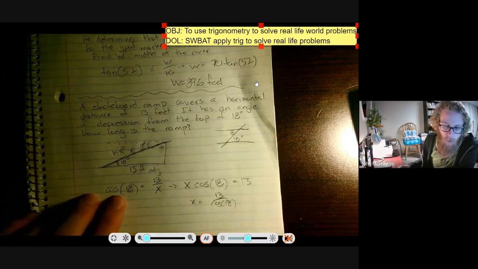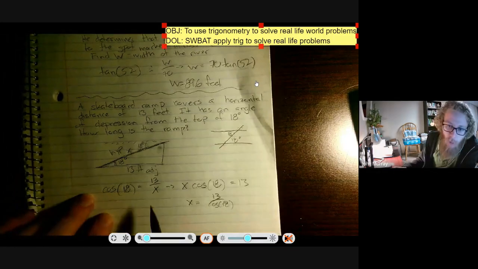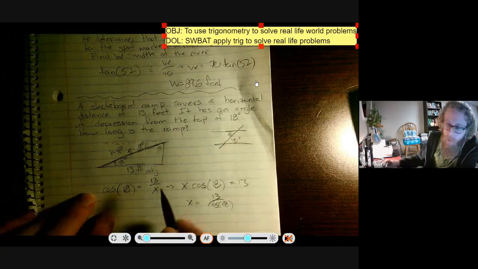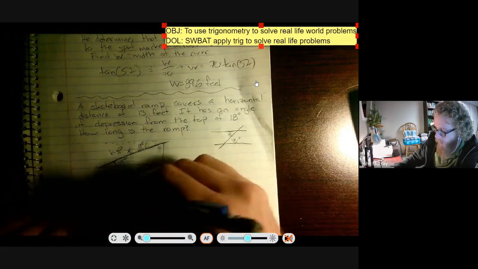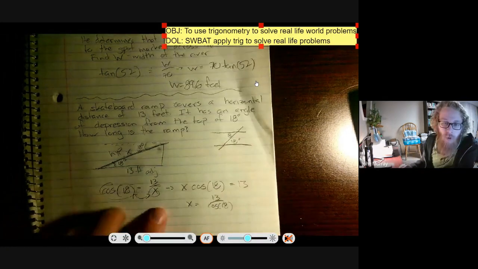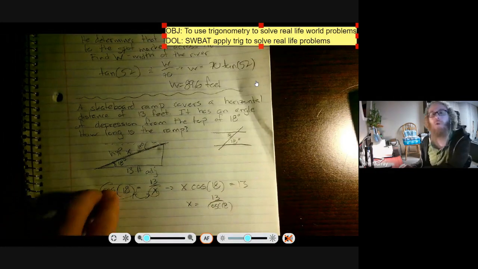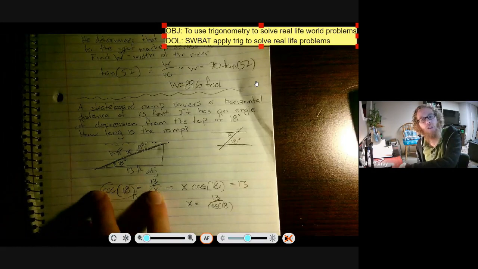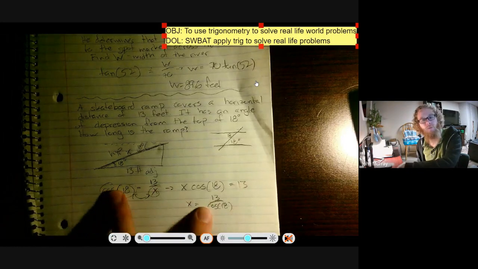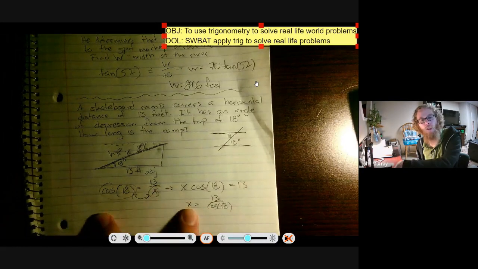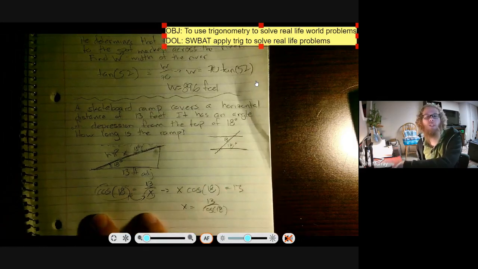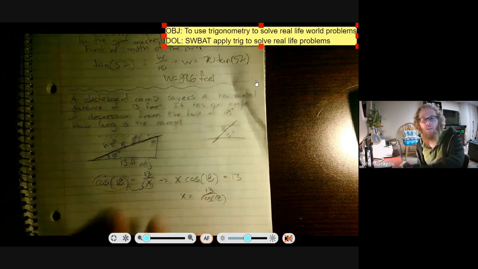The trick that I like to tell everybody to use is anytime you see a variable in the denominator, swap those two values. You're taking the x out and putting whatever's over here in its place. That's just a quick shortcut in case you get stuck.